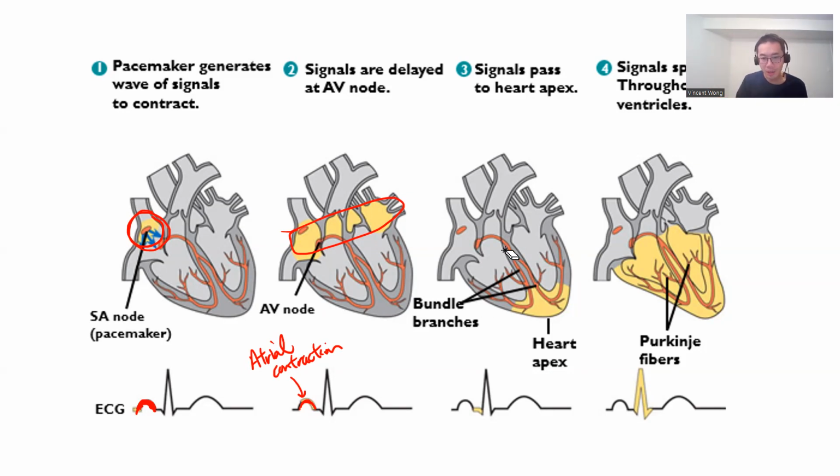And as the signal is going down the AV bundle, and then going towards the ventricle, there's no contraction at this time. So there's a little delay here. Okay, little delay, no contraction. It's just the signal going through the AV bundles. And when it goes to the Purkinje fibers, then that's when you have the big spike, right?